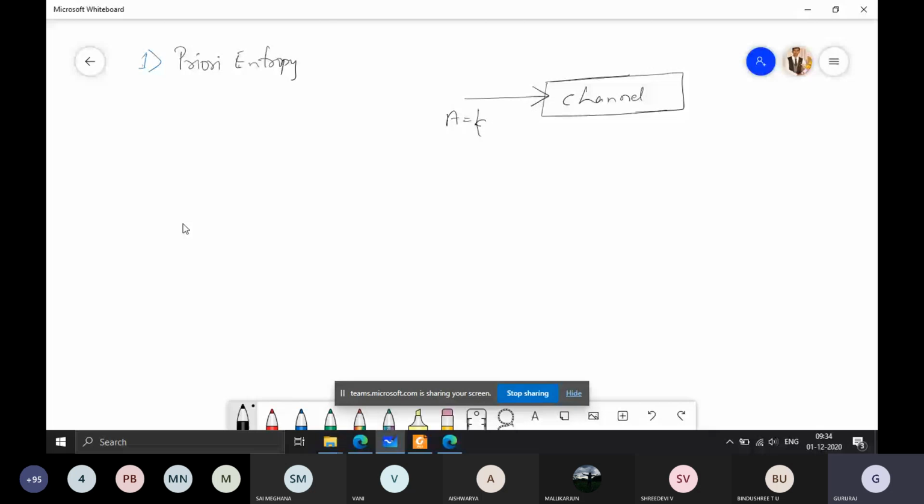There are symbols A1, A2, A3 up to AR at the transmitting side. So priori entropy is related to the transmitter, and it is nothing but the entropy of the input symbols, denoted as capital H of A.